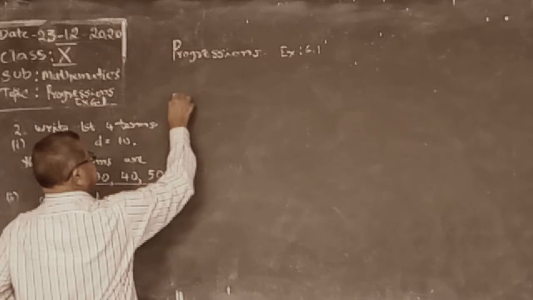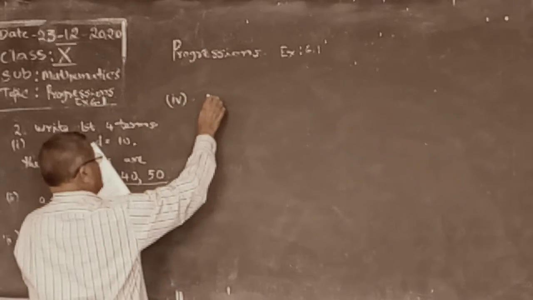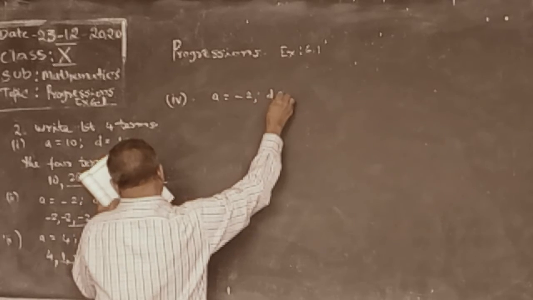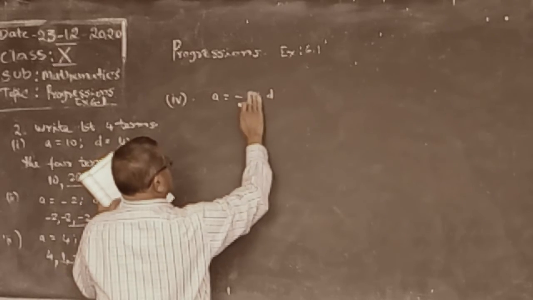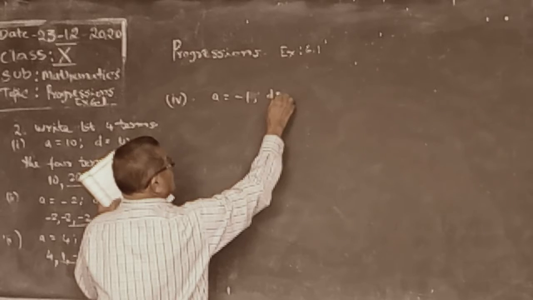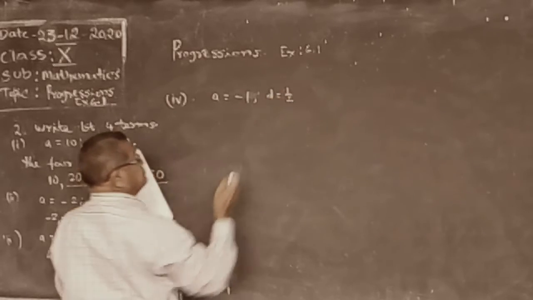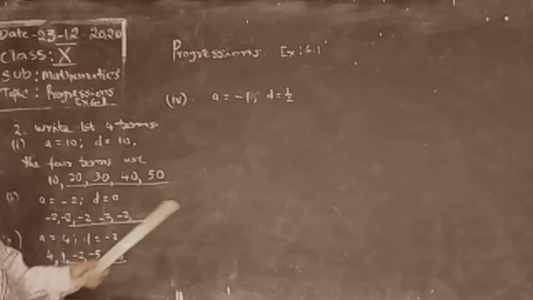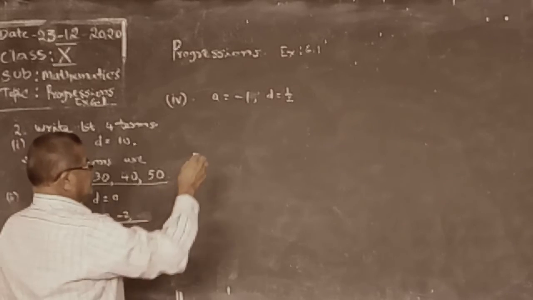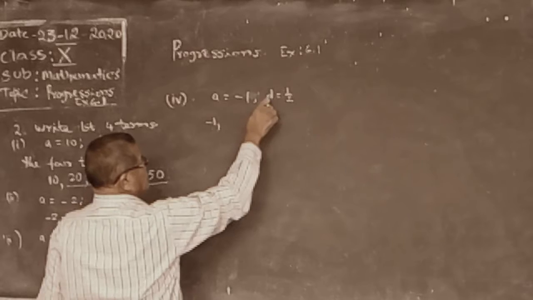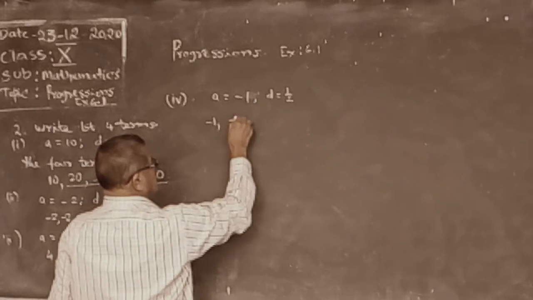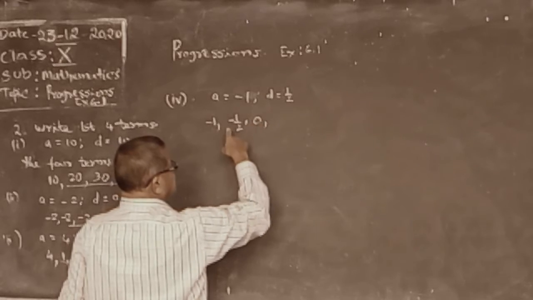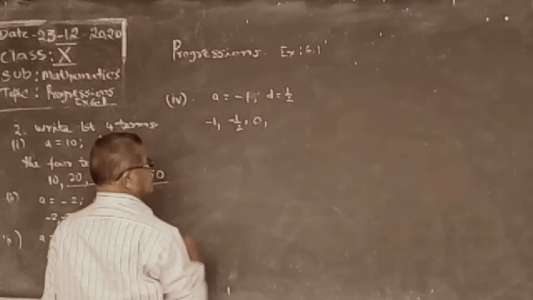a is minus 1, difference is half. We have to add the difference half. First term minus 1. We are adding the half, so minus half remains. Minus half plus half, 0.